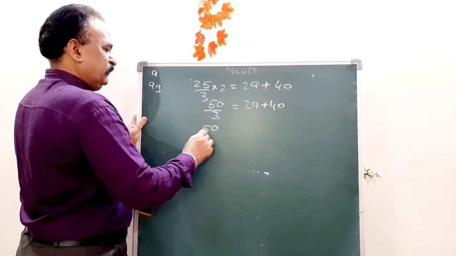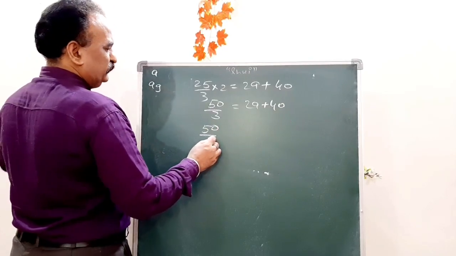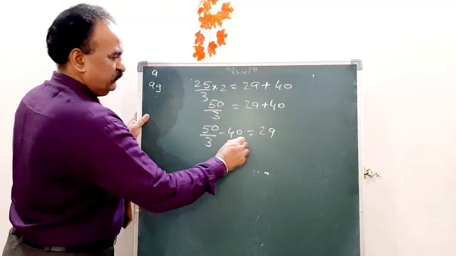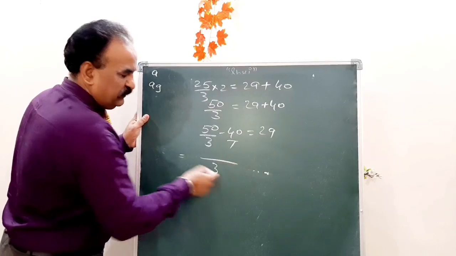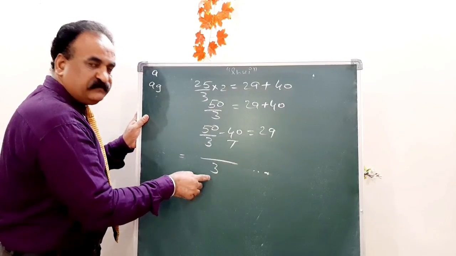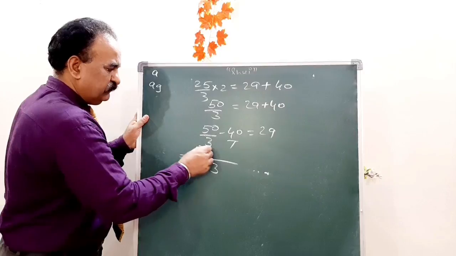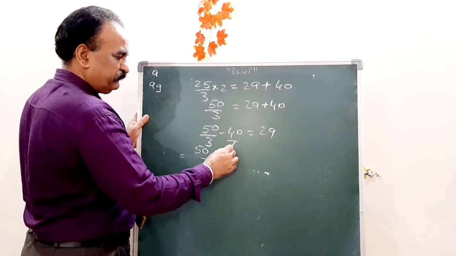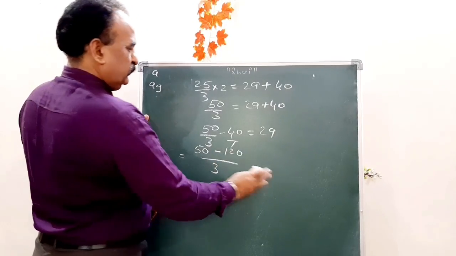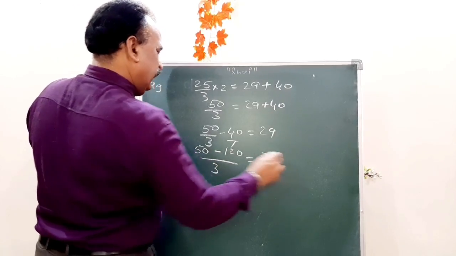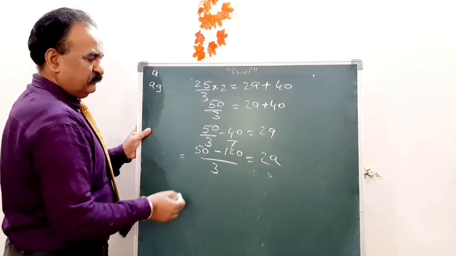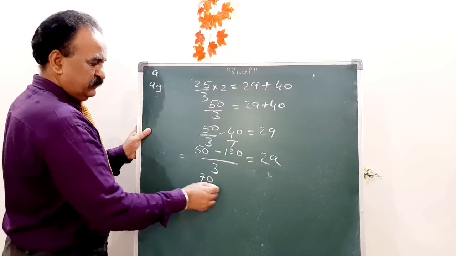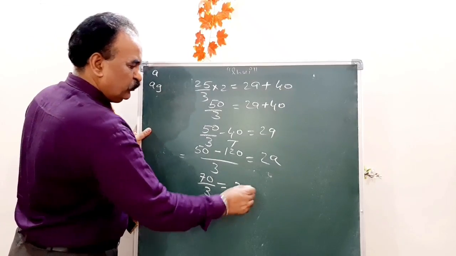So 50 upon 3 minus 40 is equal to 2a. Take the LCM, LCM is 3. 3 divided by 3 is 1, 1 into 50, 50 minus 3 into 40, which is 120, is equal to 2a. So 50 minus 120 means 70 upon 3 is equal to 2 into a.